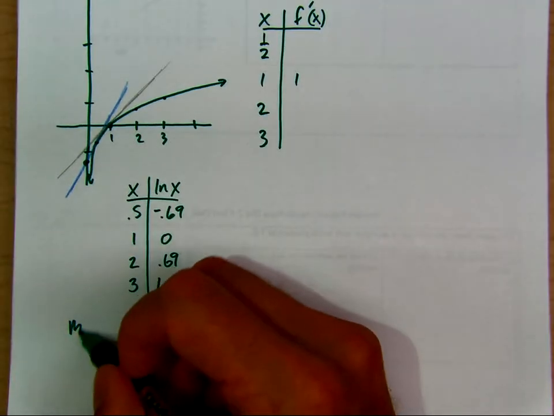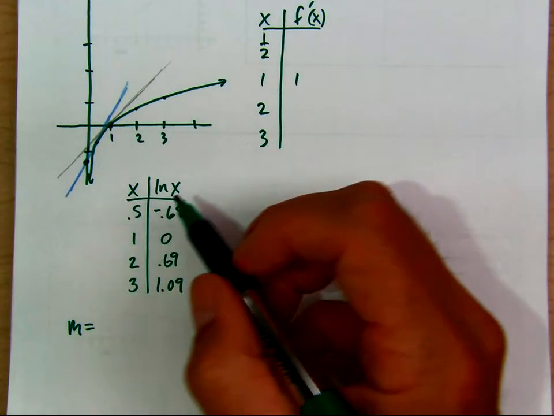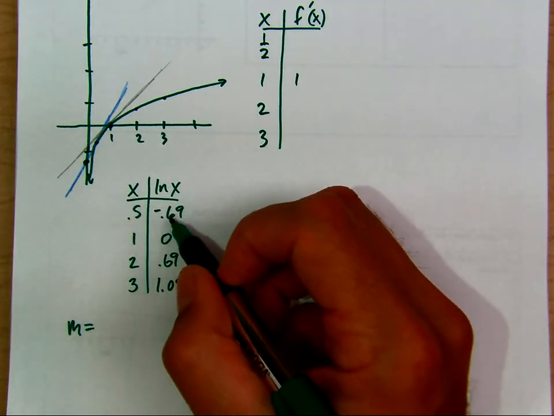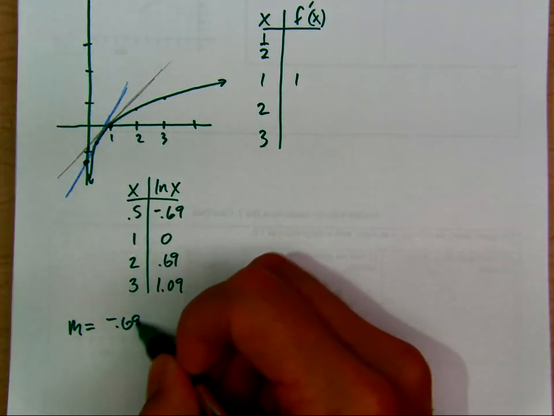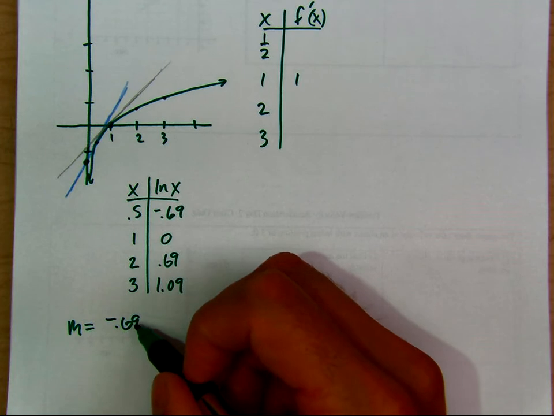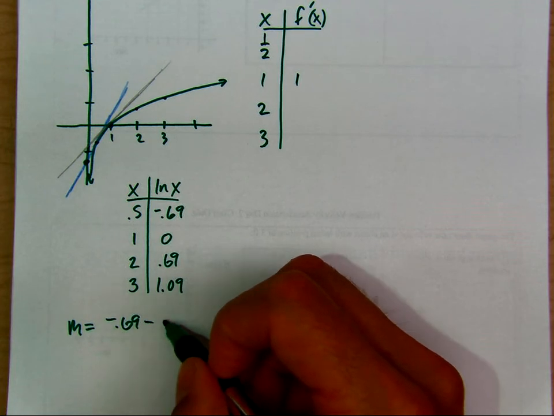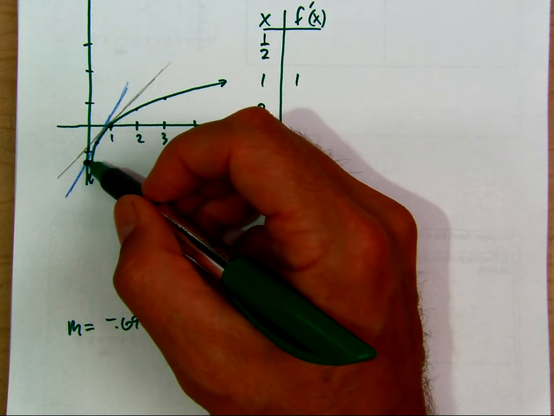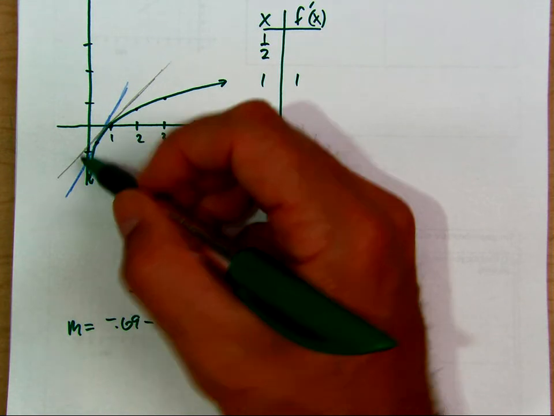So if we have slope equals, this is negative 0.5, so we're going to go negative 0.69 minus, no, this is 0, and we're going to say that's about 1.4.